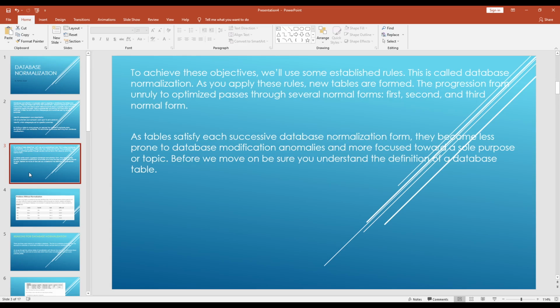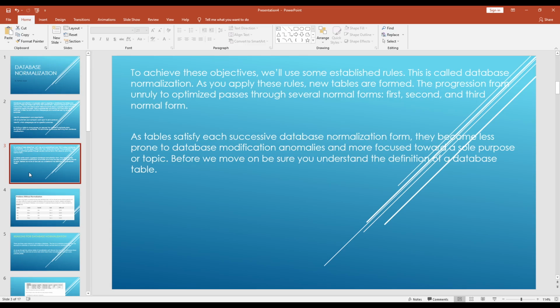To achieve these objectives, we'll use some established rules. This is called database normalization. As you apply these rules, new tables are formed. The progression from unruly to optimized passes through several normal forms: first, second, and third normal form.